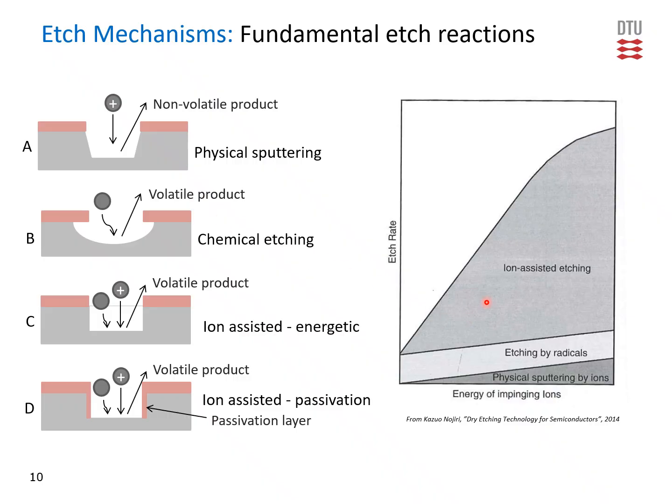The last one covers both the ion-assisted energetic and the ion-assisted passivation mechanisms, and in this case you also have no etching at a 0 ion energy, and then it will increase with the energy, at least until some point, then it may flatten out here.